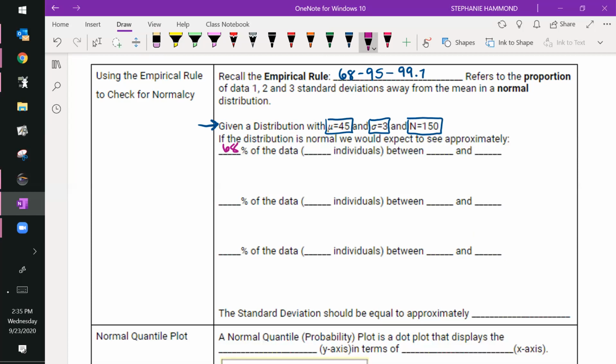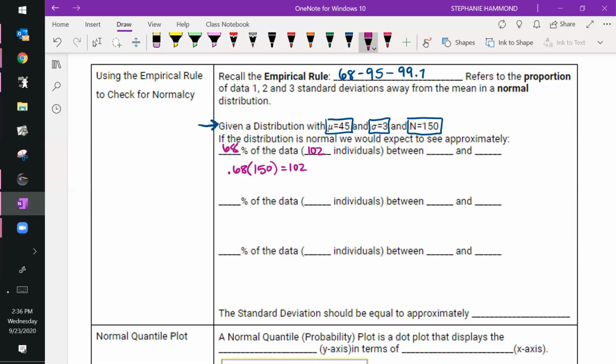So what is 68% of the data? Well, what is 68% of 150? We know there's 150 individuals. So to get that total, I'll take 0.68 and multiply it by the total of 150, which gives me 102. So 68% of the data, or 102 individuals, need to be within 1 standard deviation of the mean.